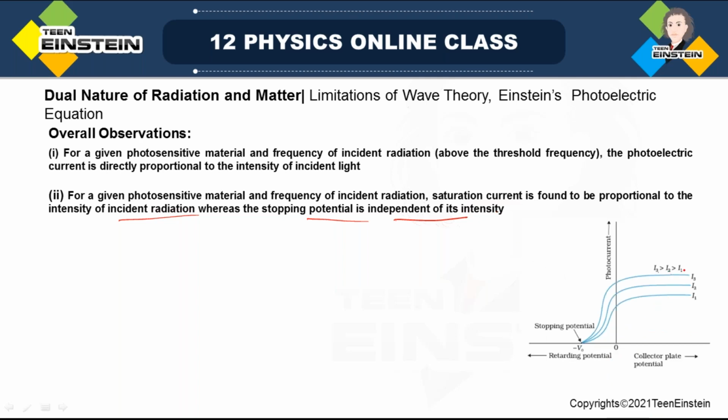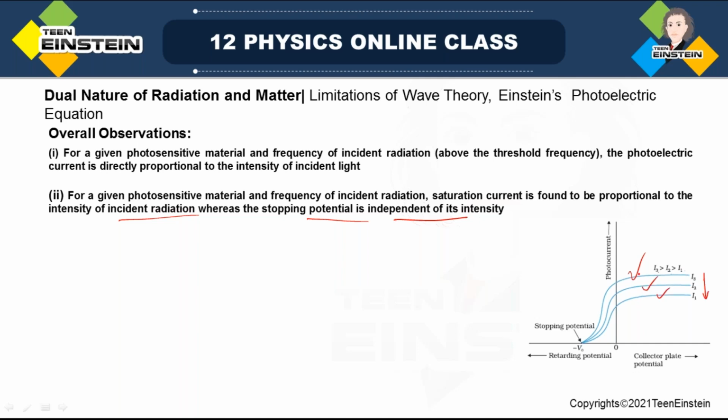So look, in this case, I3, I2 and I1 are different intensities of the light used. I3 has the greatest intensity, so that's why the saturation current is the largest. Then I2, saturation current for I2 is this one, second largest, and this is the least, I1, and the intensity also is in decreasing order like this.